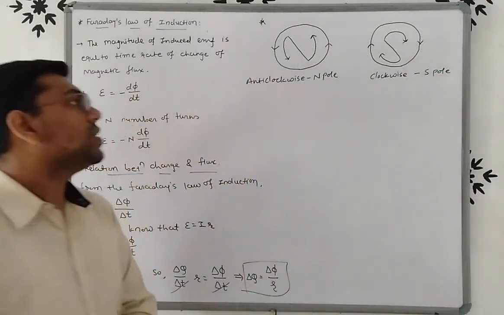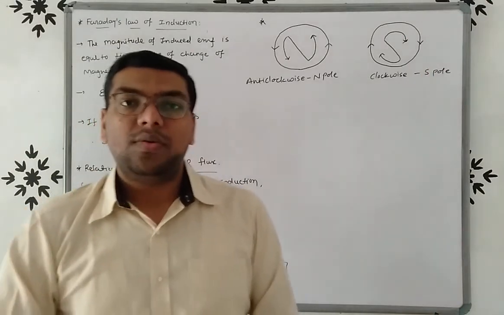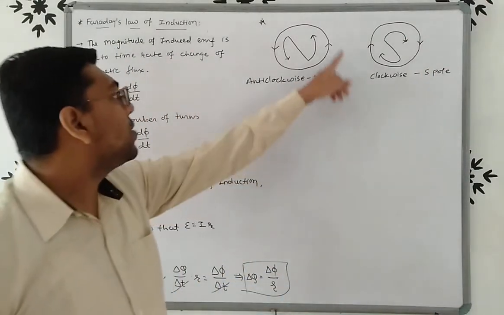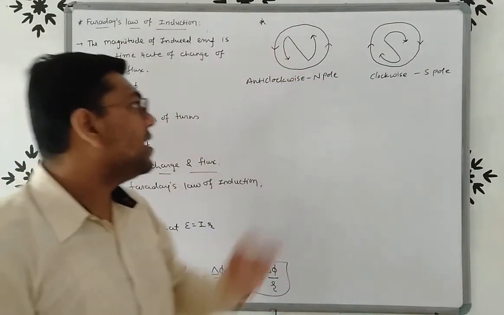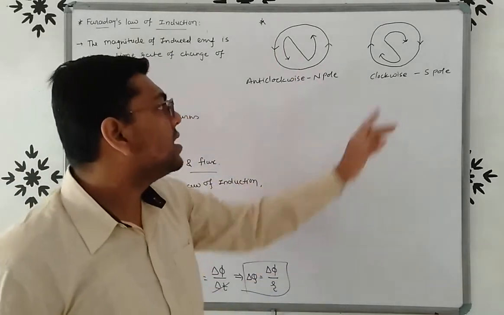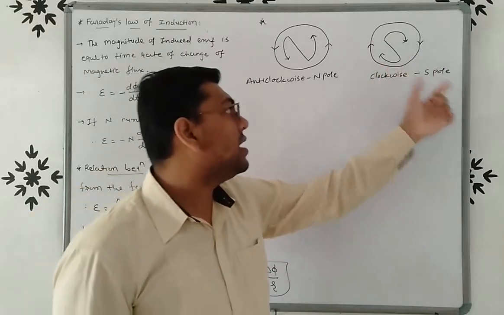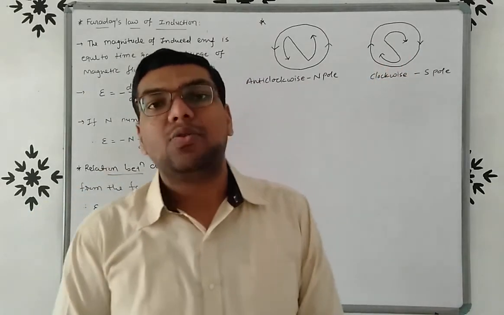So if the direction of current is anti-clockwise, the coil behaves as a north pole, and if the direction is clockwise, then this coil behaves as a south pole, right?